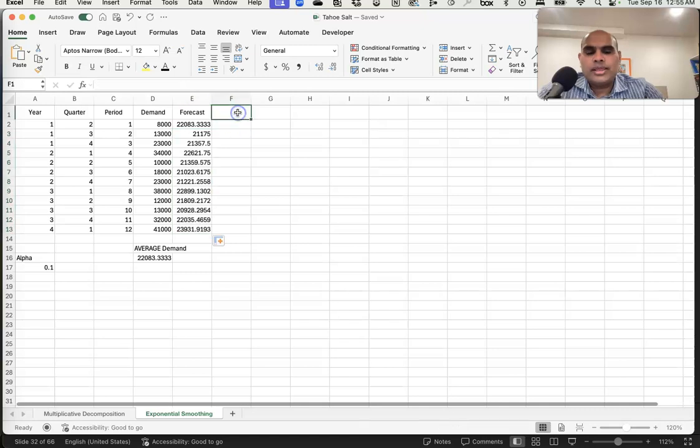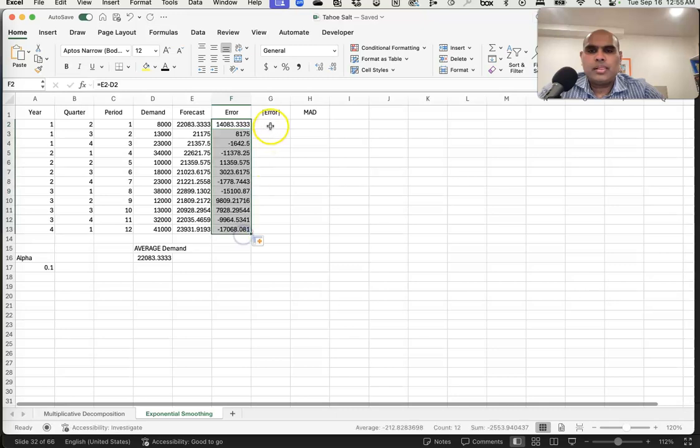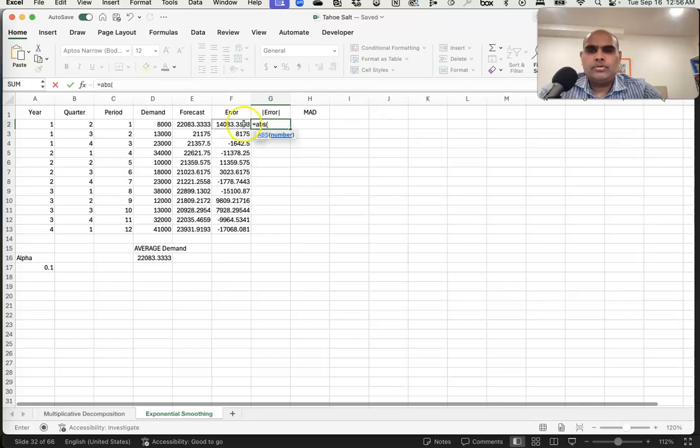If you want to calculate the MAD, you can calculate error, you can calculate the absolute value of error, and you can calculate MAD. So error is the difference between the forecast and the actual demand, or the other way around. And this will be the absolute value of error.